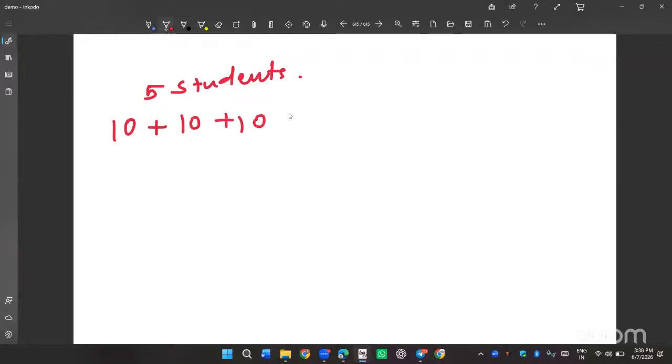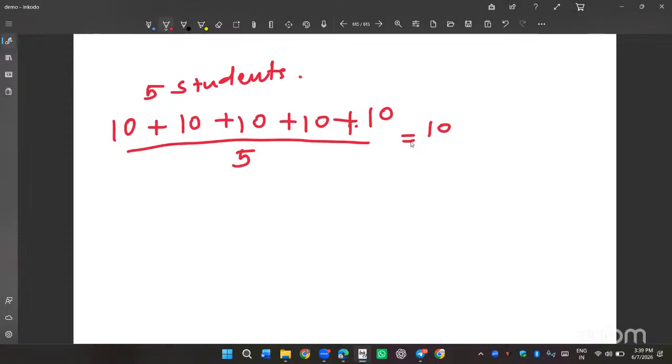In our class, 5 students are studying. All the 5 students' marks are 10. Then average will be 10 only. Total marks divided by total number of students is equal to, okay, 50 divided by 5, 10. Good. But what happens?